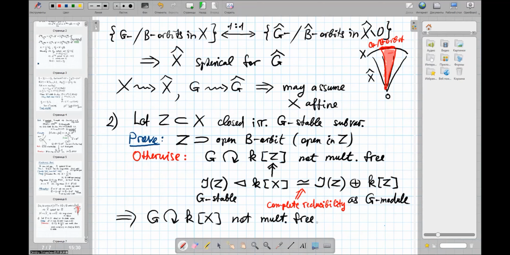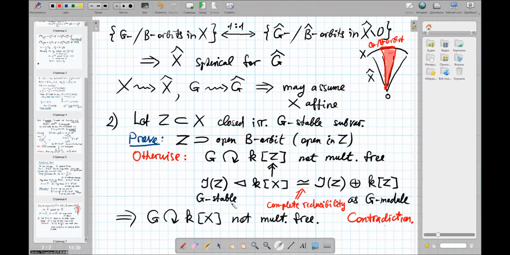And this is a contradiction because X is assumed spherical. So we have proved this claim. We have proved that any closed irreducible G-stable subvariety in X contains an open B orbit, open in itself. Now we can finish the proof.